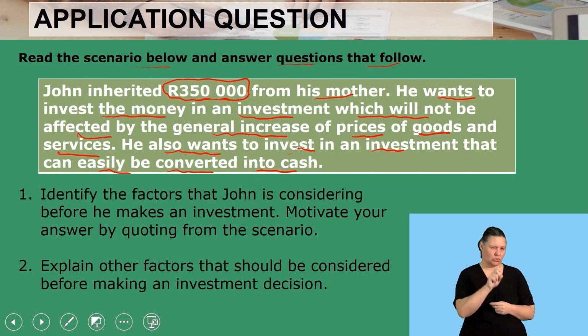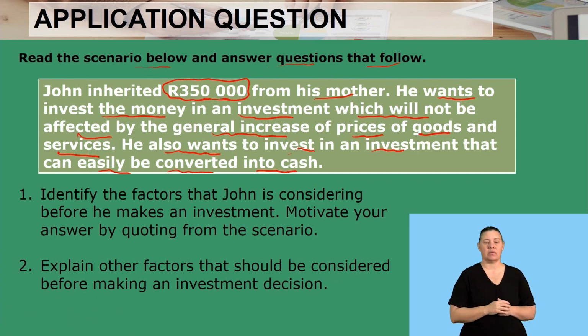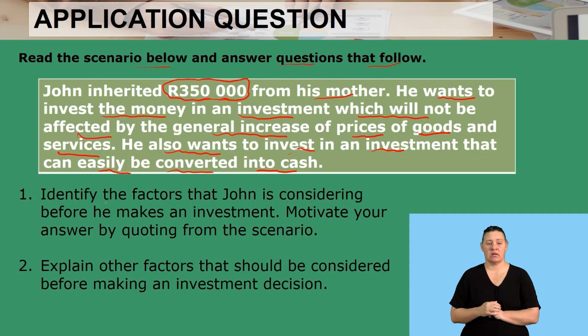Now, we have two questions as per the instruction. Remember, we are expected to read the scenario and answer questions. Question 1 says to us, identify factors that John is considering before he makes an investment. So, which two aspects is John thinking about?